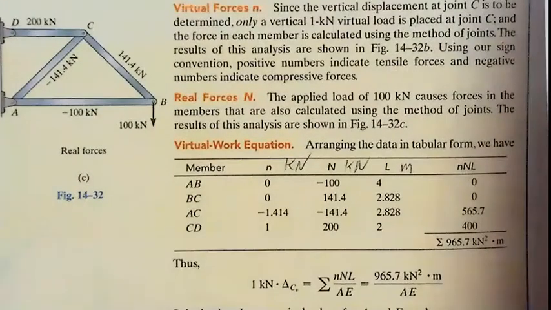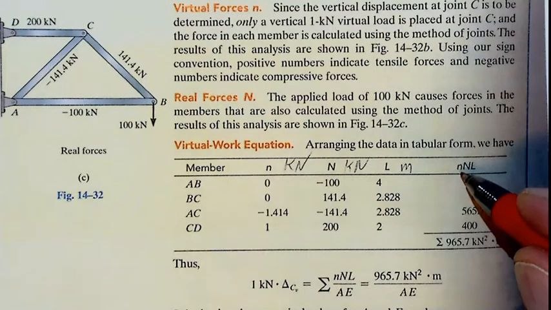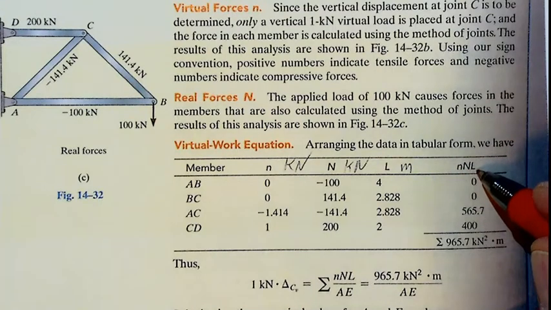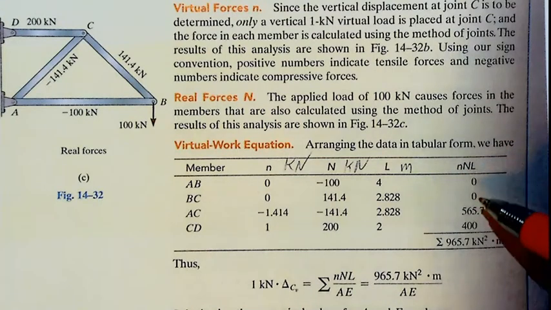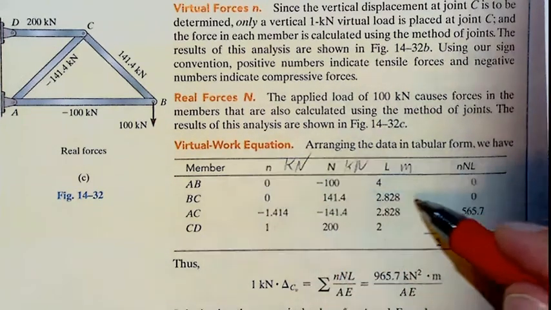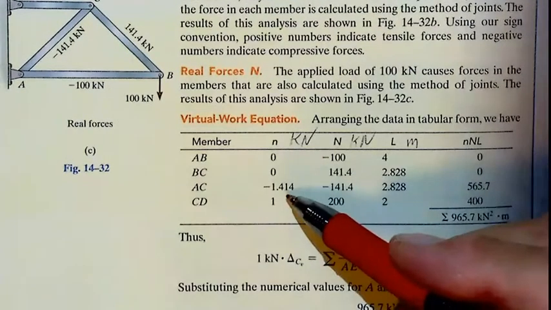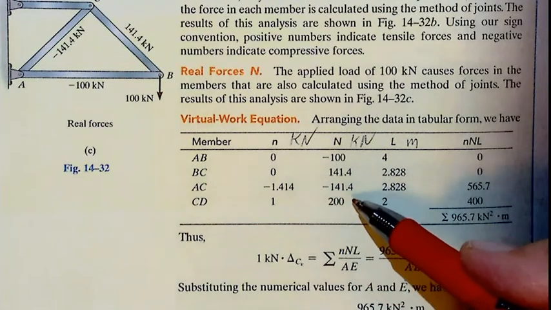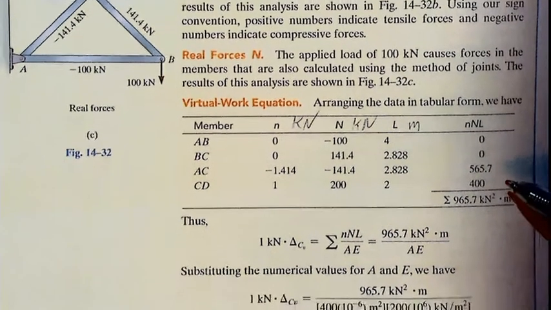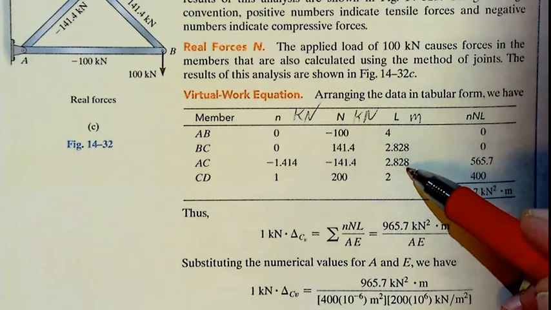Now we are doing very simple things. How much is small n times capital N times L? Because this is 0, this guy gives me 0. Because this is 0, this summation is 0. Then here is minus 1.414 times minus 141.4, and the length equals 282.